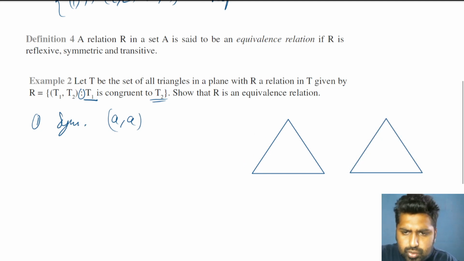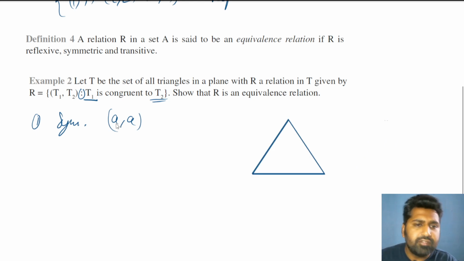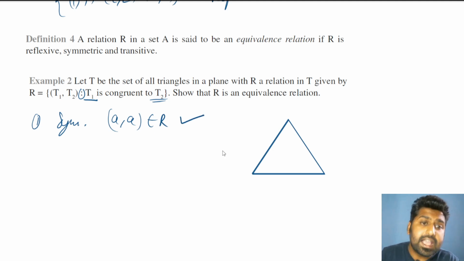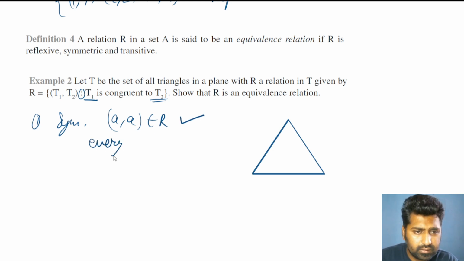Can I say these two triangles are congruent to themselves? These two triangles are the same, they actually overlap with each other. So I can say every triangle is congruent to itself. So (A, A) belonging to this R is correct. Why? Because every triangle is congruent to itself.